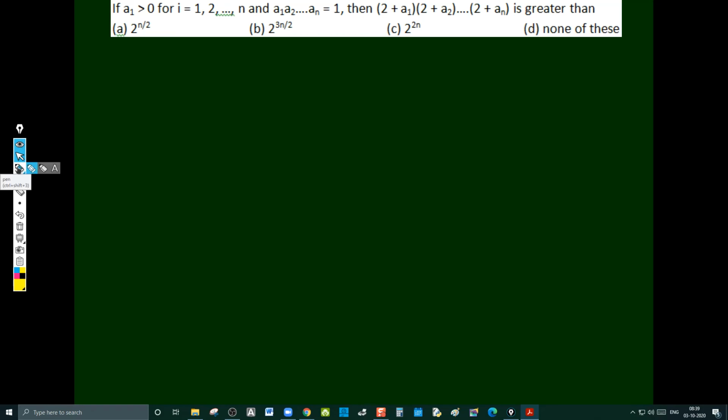So, according to the given question, you are given the product of the numbers as 1. And here you are given 2 plus A1, 2 plus A2, 2 plus An, and so on. That means you have to take the individual terms. Individual terms means what I mean to say, 2 plus A1 separately, 2 plus A2 separately, 2 plus An separately, and apply AM greater than or equal to GM.